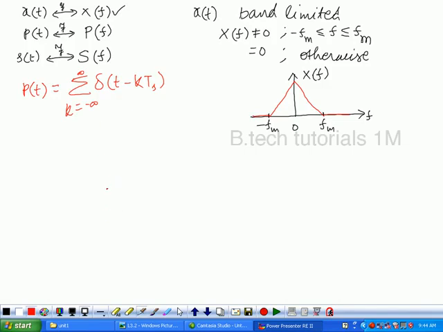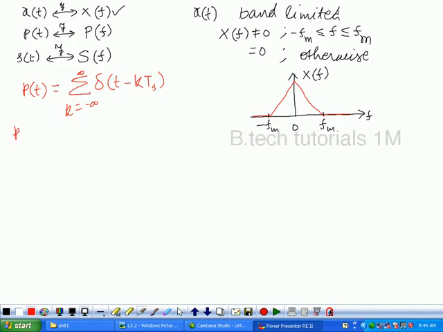What is the Fourier transform? How can you find the Fourier transform? So it is a periodic function. Is it? So if it is periodic, how can you represent this p of t? First find the Fourier series representation of it.